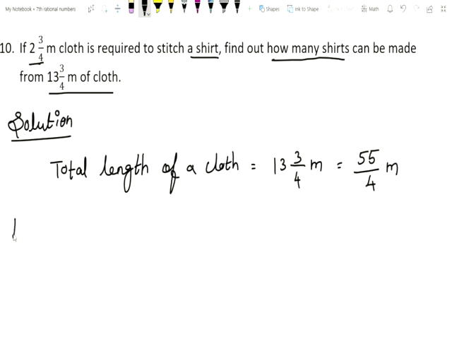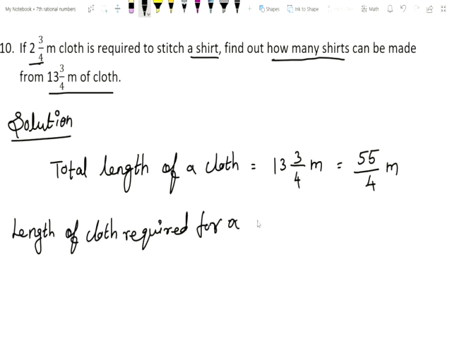Next, the length of cloth required for a shirt equals 2 3 by 4 meter. So 2 fours are 8, 8 plus 3 is 11, 11 by 4 meter.